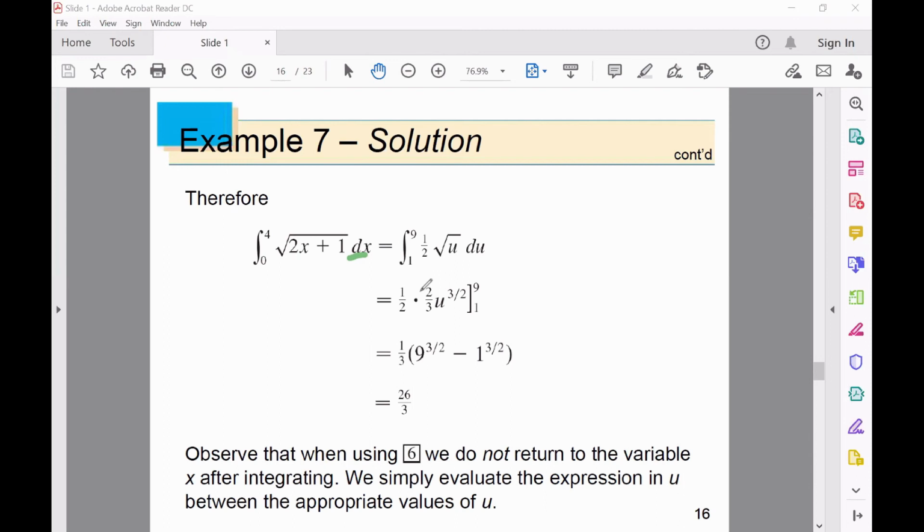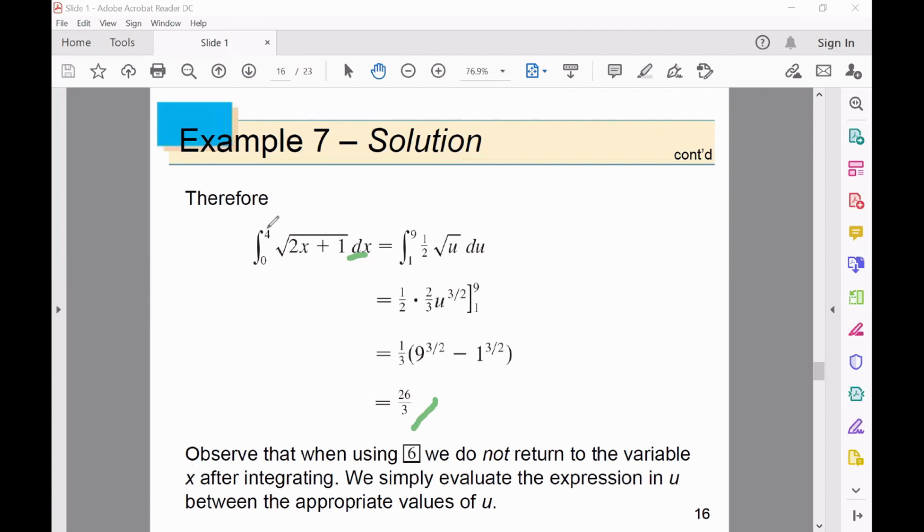Okay, even with the bounds, we can evaluate this integral. We take the value at 9 minus the value at 1, and it's like that. The last important note is that we don't return to the variable x after integrating.